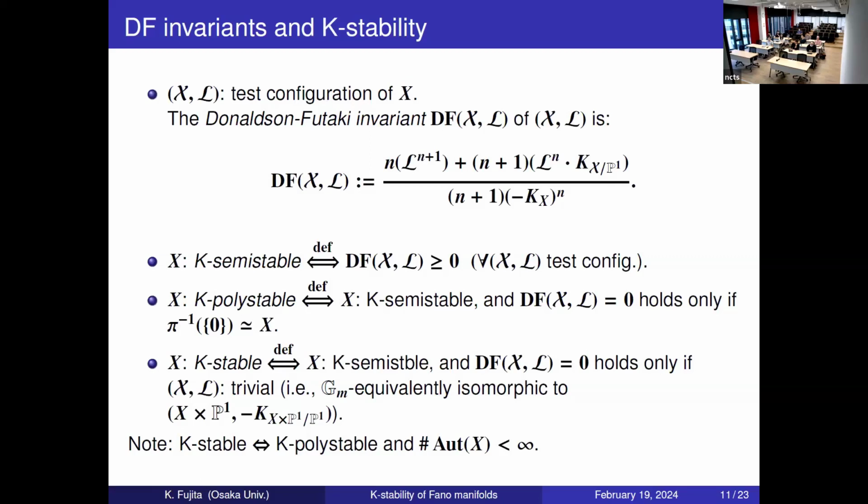So given a Fano manifold, it's originally very tough to decide whether it's K-stable or not.